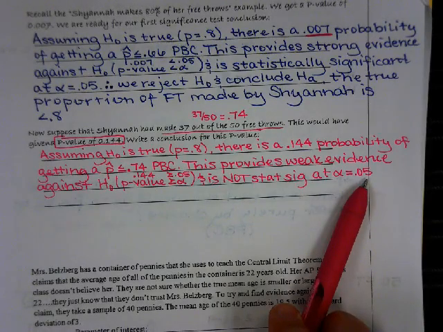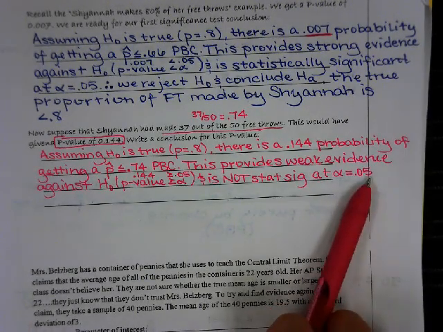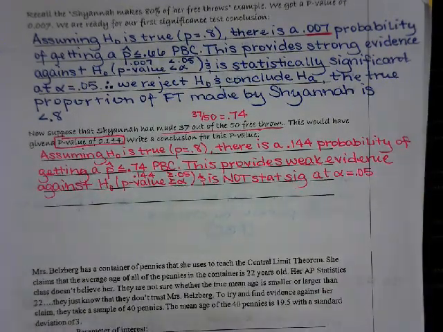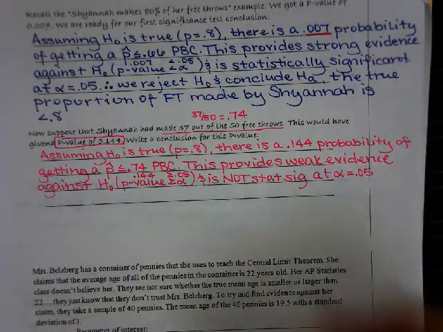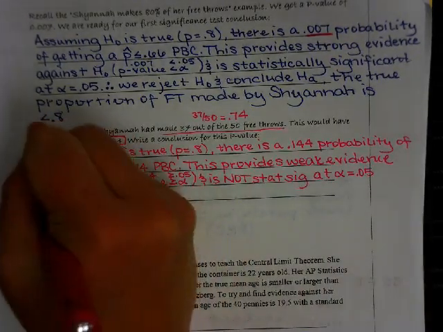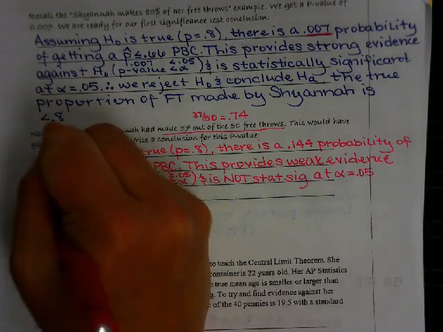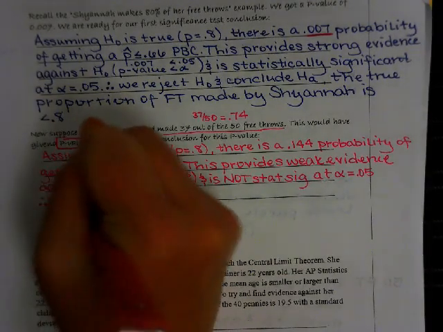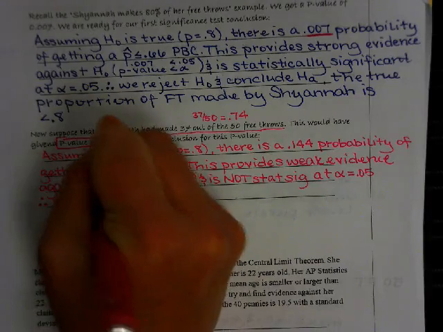So if it's not statistically significant, we would say that we failed to reject. So therefore, we failed to reject H null and cannot conclude the alternative. And that's where our context comes in right at the end.